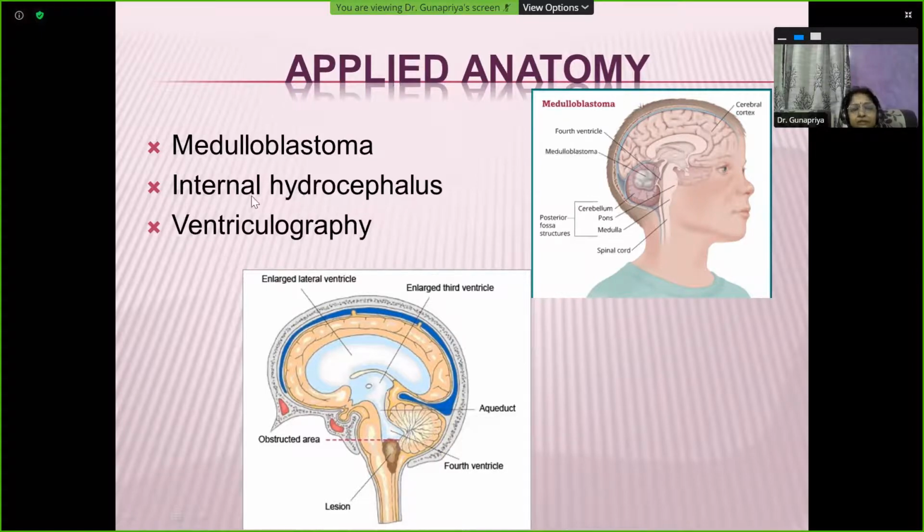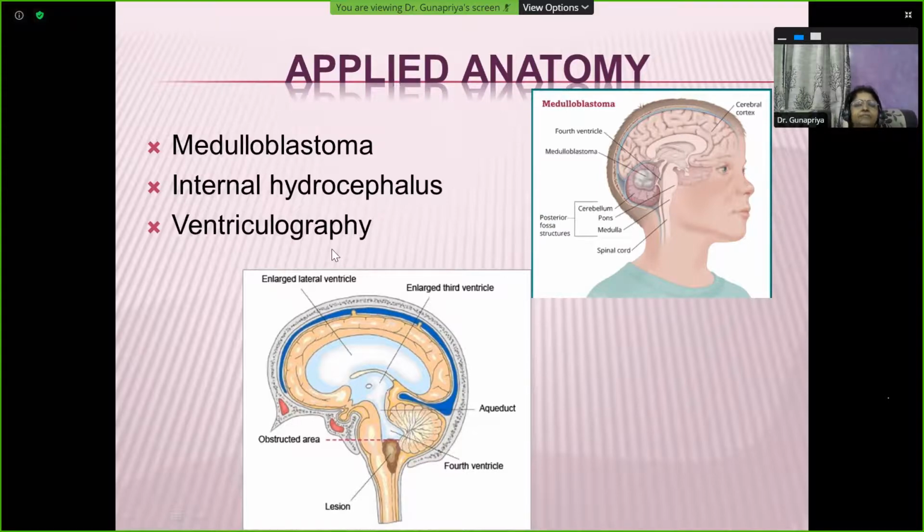And this can be diagnosed by using a diagnostic procedure known as ventriculography. Ventriculography is done by injecting through the central canal of the spinal cord or through the medulla. You can inject a dye to completely visualize the ventricular cavities of the brain, all the ventricles, and see to what extent they have expanded.